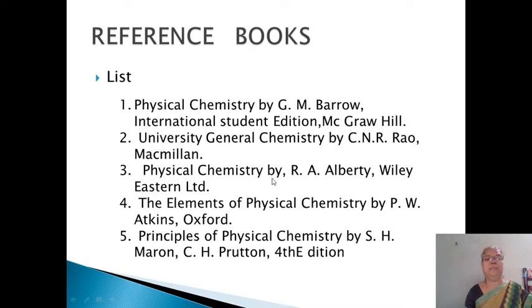Then the third book, Physical Chemistry by R.A. Alberty. Then Elements of Physical Chemistry by P.W. Atkins, Oxford, and Principles of Physical Chemistry by Maron and Prutton. In the first lecture of this paper, I gave this list of reference books.